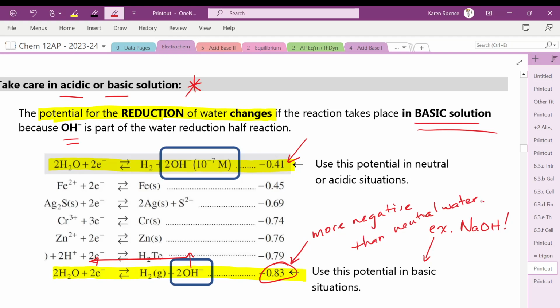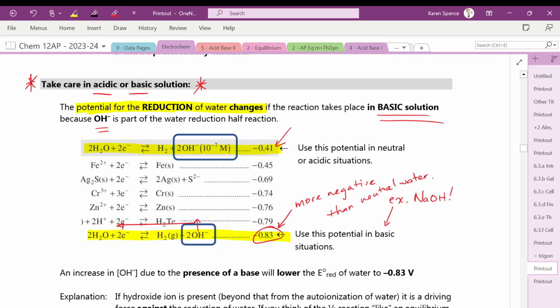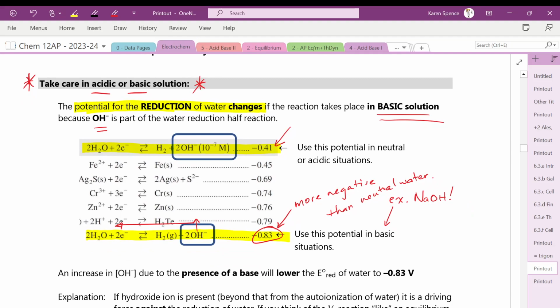It is not as favored. Why is it not as favored? Because there's already some hydroxide around. You don't need to explain that. You just need to know if it's basic, use the one without the 10 to the negative 7 molar. No explanation needed. So, if it is neutral or acidic, use this one.